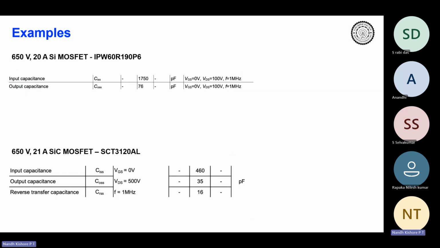Again, a comparison of the device capacitances. You see CISS for a silicon MOSFET is 1750 picofarad, and it's 460 picofarad for SiC. So you can just contrast COSS and see.